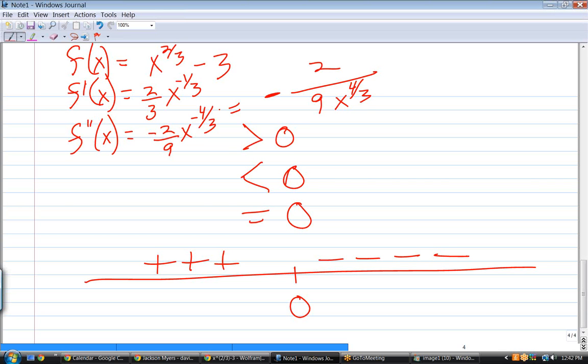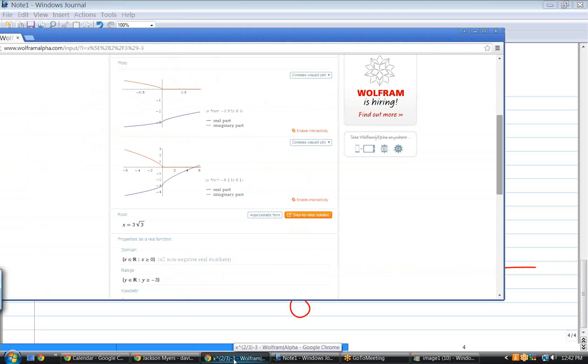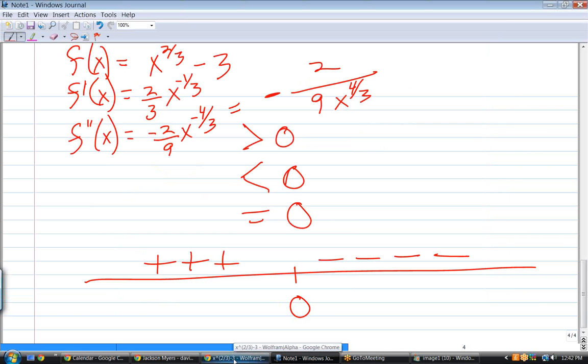And notice the second derivative is not defined at x equals 0, but the function is. That's why we see it here. But if I were plotting either the first or the second derivative, I would have a vertical asymptote at x equals 0. But I don't think that matters.